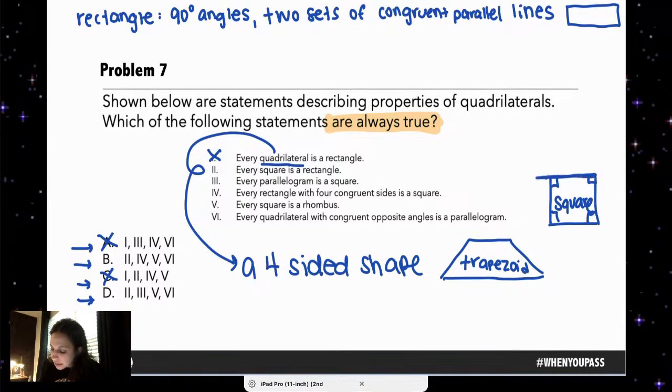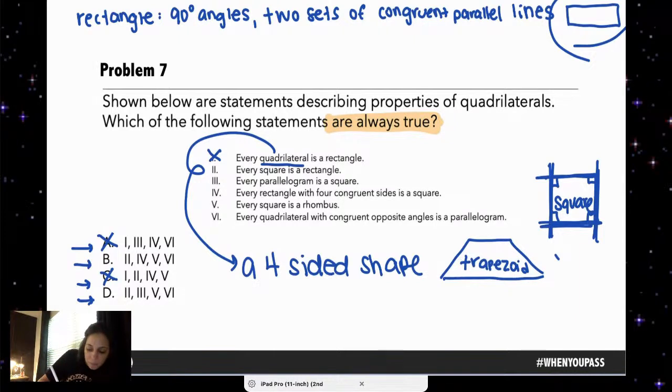This side is congruent to this side, and they are parallel. And this side is congruent to this side, and they are parallel. So because a square qualifies under the rectangular terms, a square is always a rectangle. But a rectangle is not always a square, as evidenced by this guy up here.